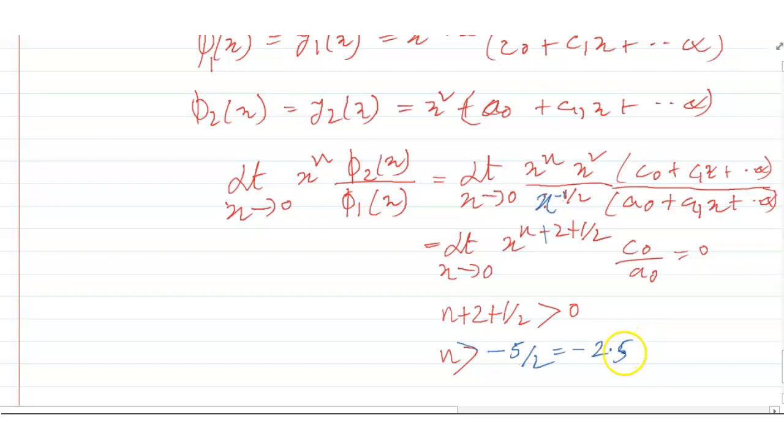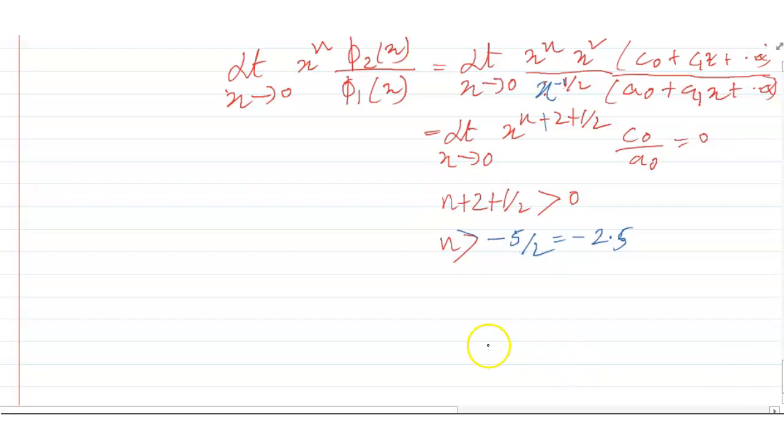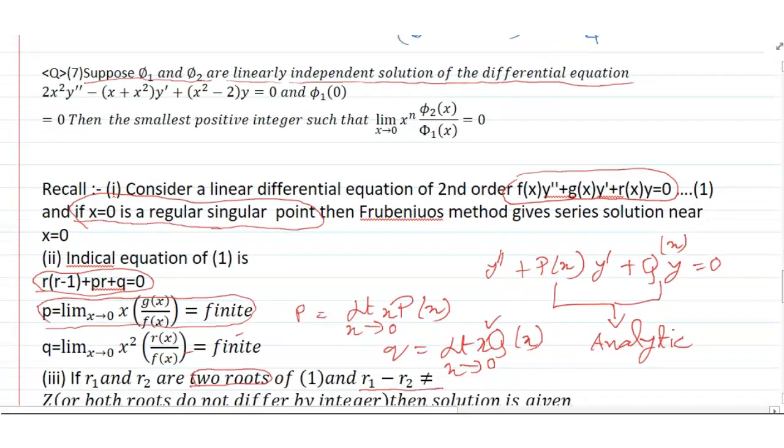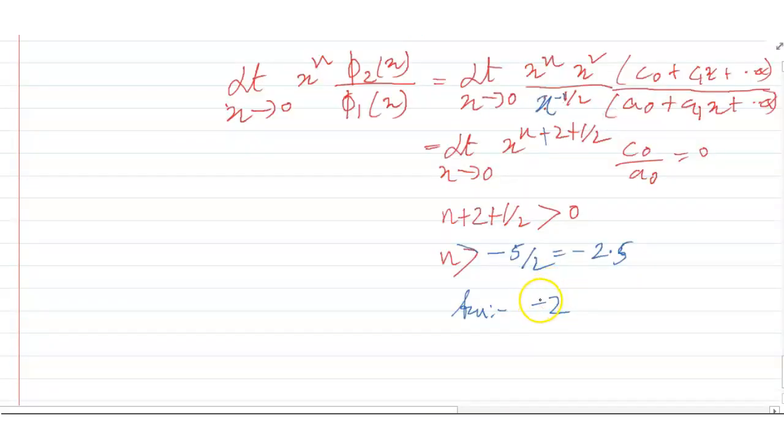So the integer value should be minus 2. My answer in integer is minus 2. They ask for the least value, the smallest positive integer. Friends, they ask for the smallest positive integer.